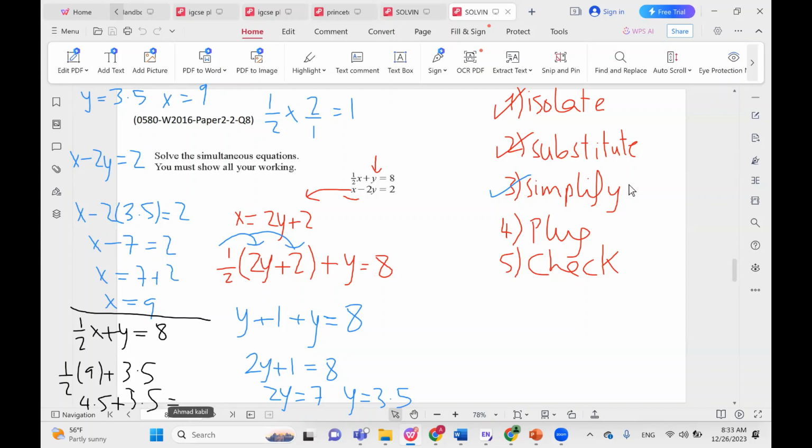And this gives us 8, and this is correct. So now I'm confident that my two values, 3.5 and 9, are both correct. Let's check our answers. x equals 9 and y equals 3.5.